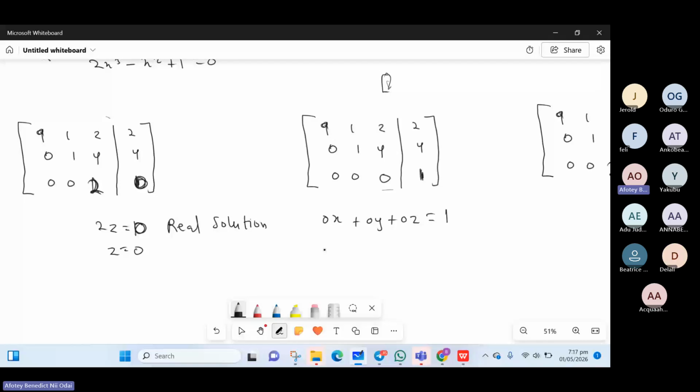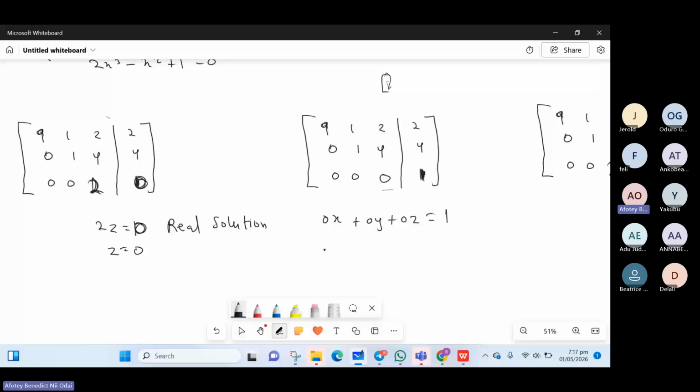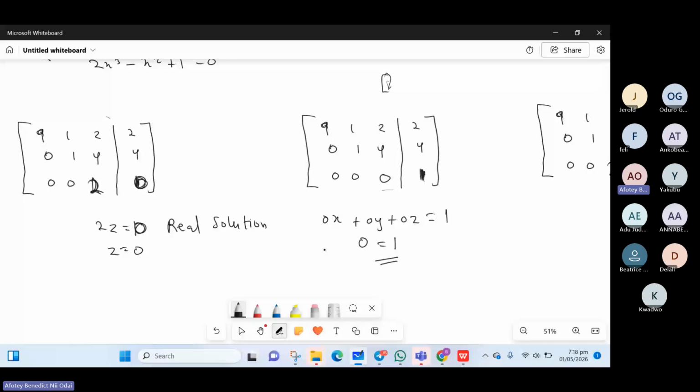So this is equal to 1 because this times the XYZ gives you another third value. Now you basically get 0 is equal to 1, and this cannot be a feasible solution. So in a case where all the entries at the bottom become 0 but the right-hand value is nonzero, the conclusion is there is no solution.